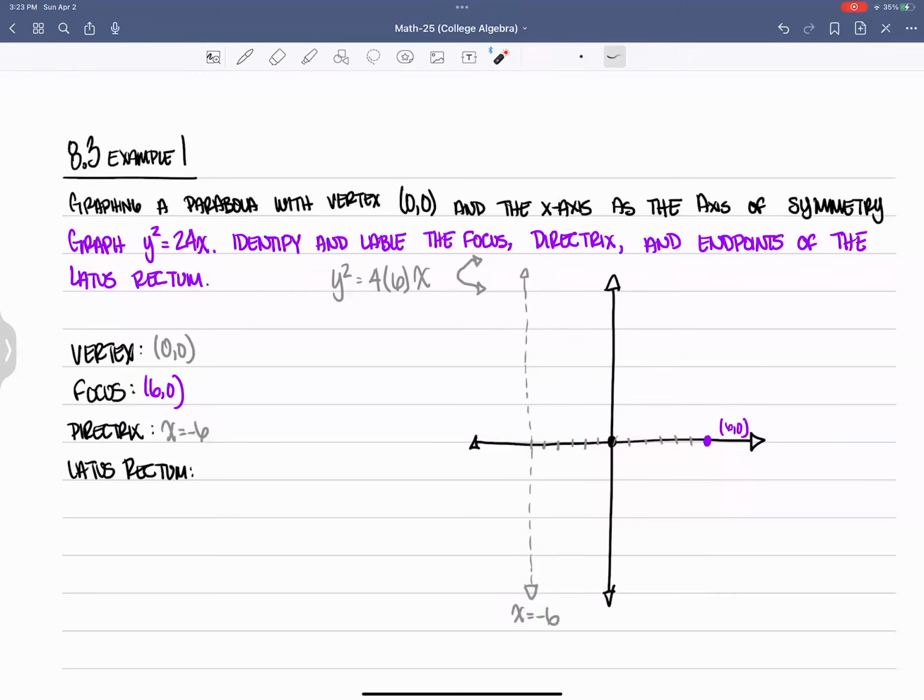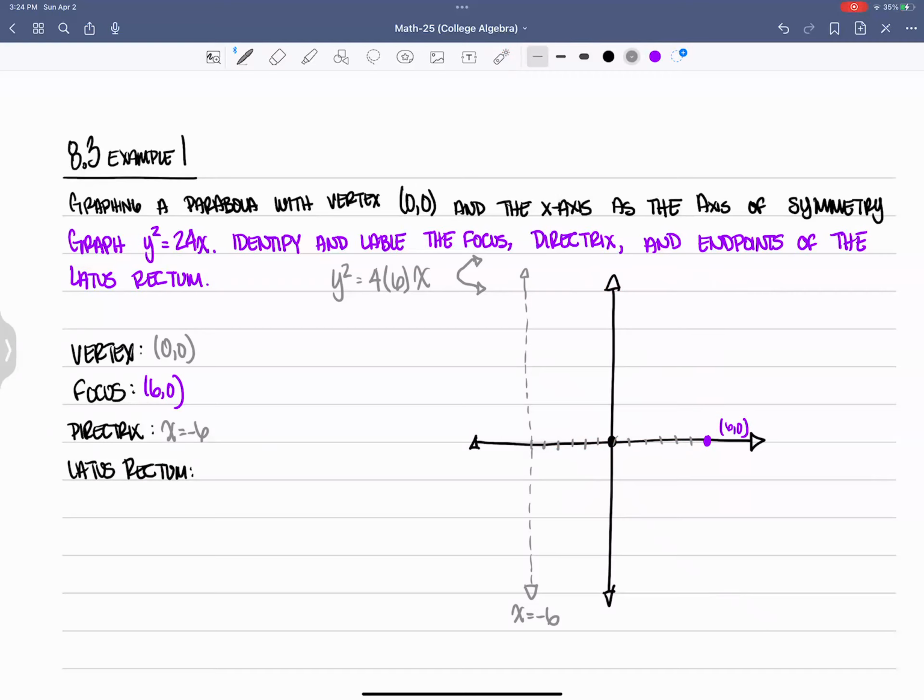Because of that, we can now go out 2p units this way, because we have p right here, for it to hit this at a 90-degree angle and be the closest point. Those are the points that make up the latus rectum.